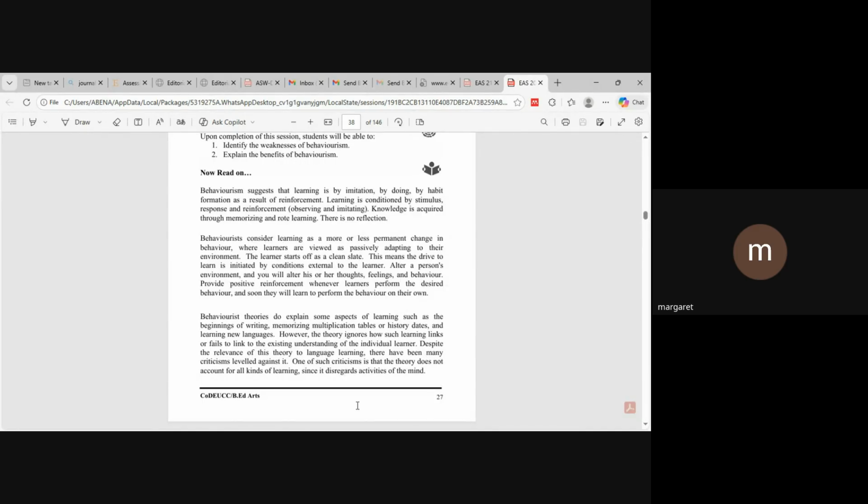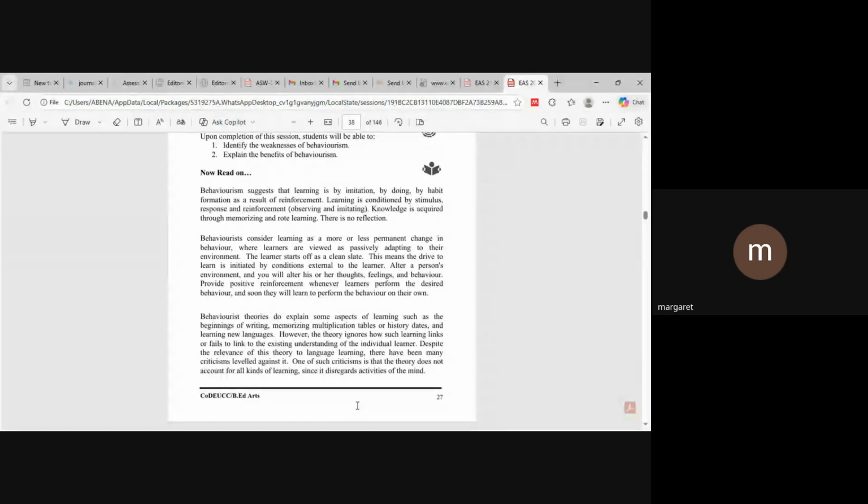So the idea is that the learner will imitate what is in the book and produce the right outcome. If the learner brings their book and the way the child wrote the A is not good, what do you do? You erase it and you tell the child, go back, look at it and write the same thing. What you are doing is behaviorism. You want the child to observe that thing and produce the outcome.